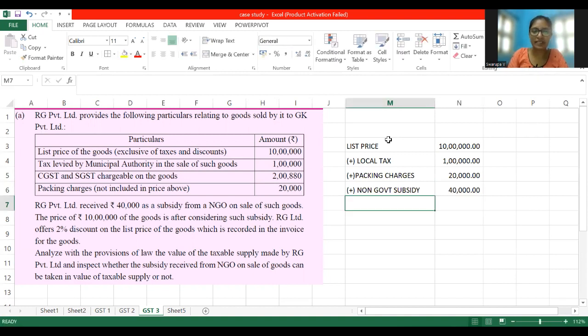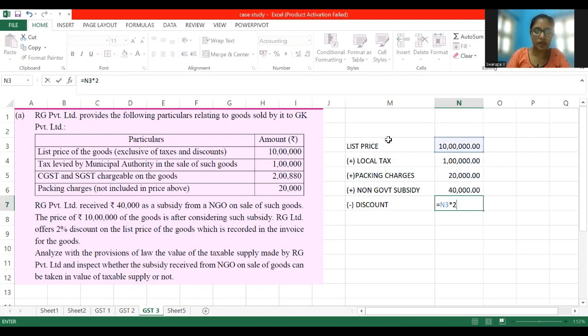So that has to be added back. Discount, an allowable exclusion. So discount 2% on the list price which is recorded in the invoice. So I have to allow the discount. So I am reducing it, 2% of my list price.